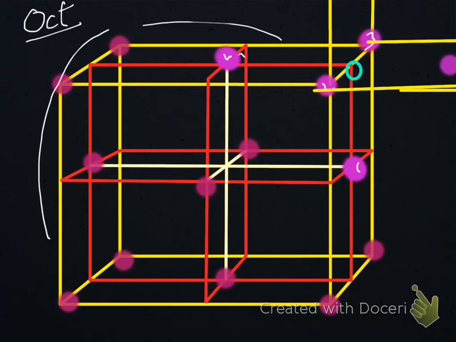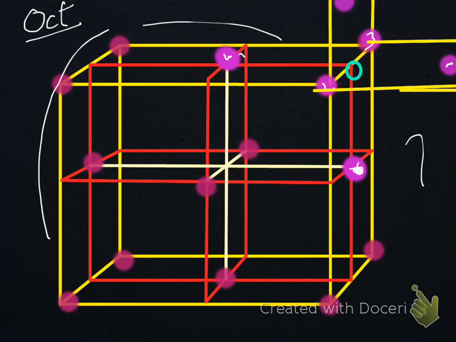You have a particle here in this cube, and just like a particle like this, you can have a particle here also. So this position is surrounded by 8 particles.